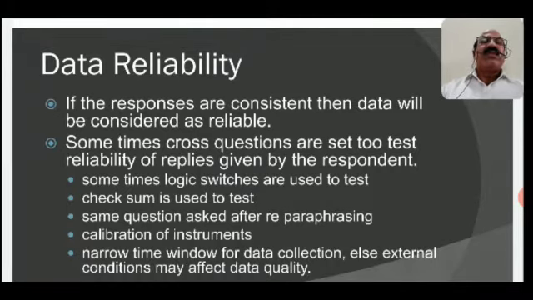Checksum means, say his income from agriculture is 10,000 and from the shop is 20,000, and he says his income is 50,000. 10,000 plus 20,000 is 30,000, but he is saying 50,000. That means there is a mismatch.